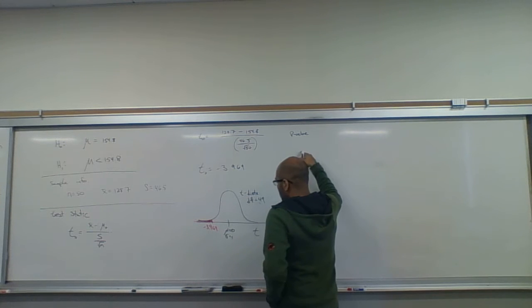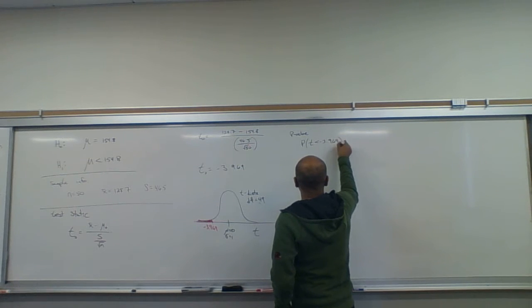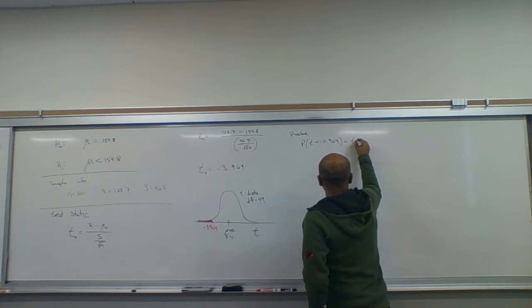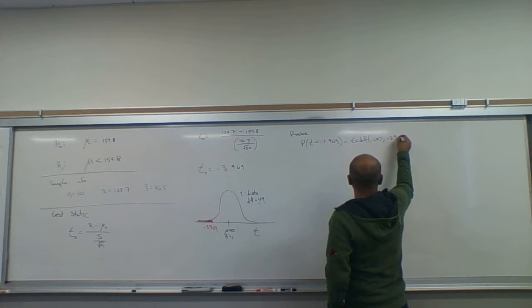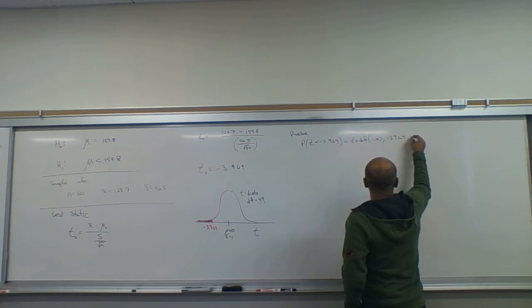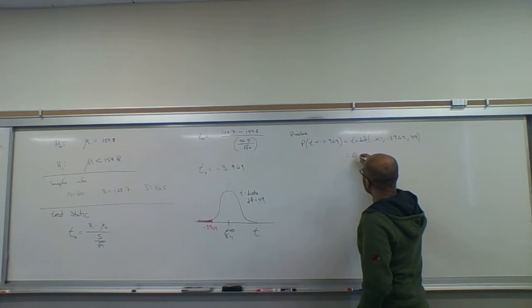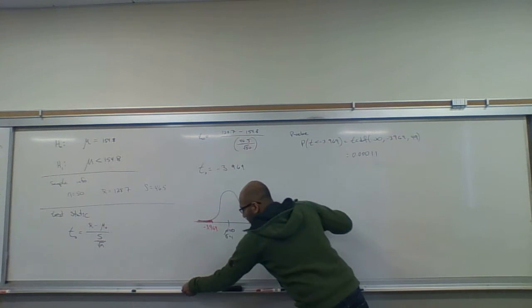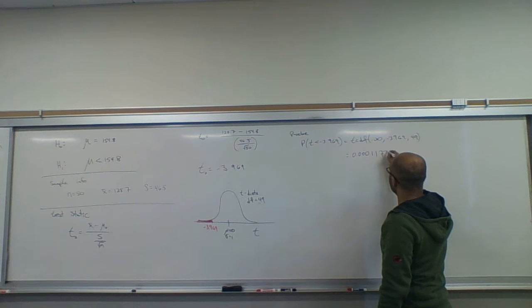Our p-value is going to be equal to the probability that t is less than negative 3.969, which is going to be tcdf from negative infinity up through negative 3.969, comma, 49 degrees of freedom. And this is where we found that the answer was 0.000111778.